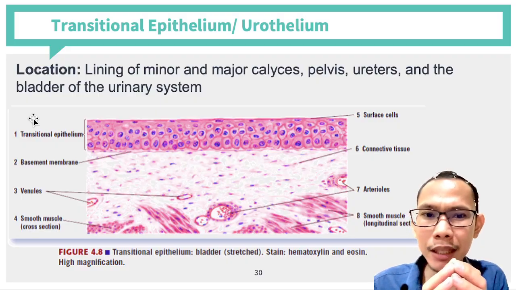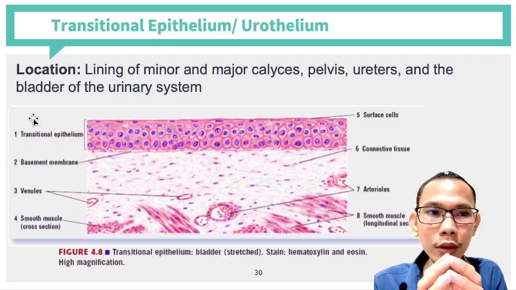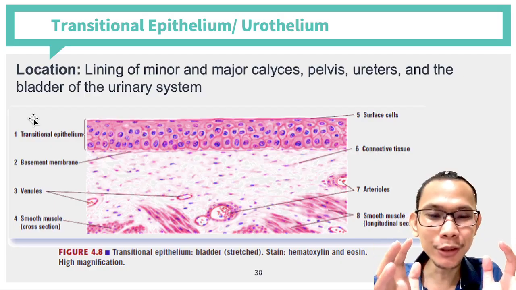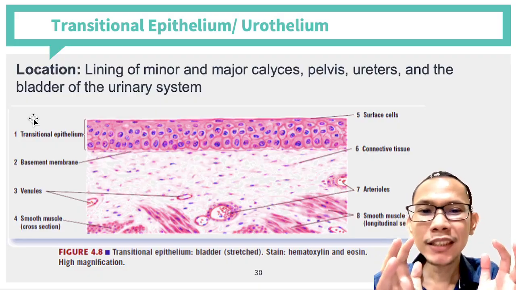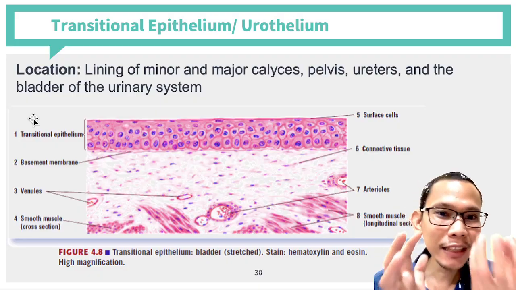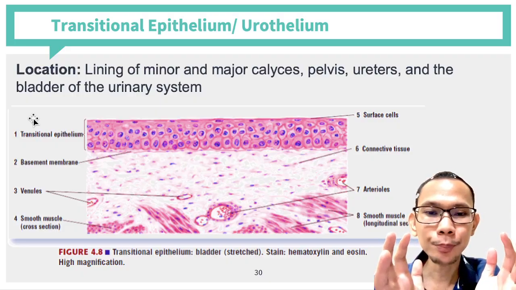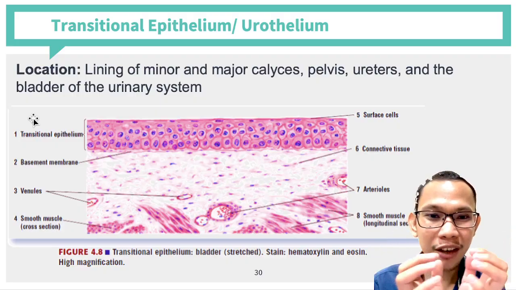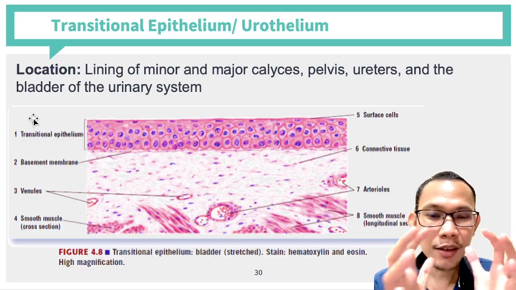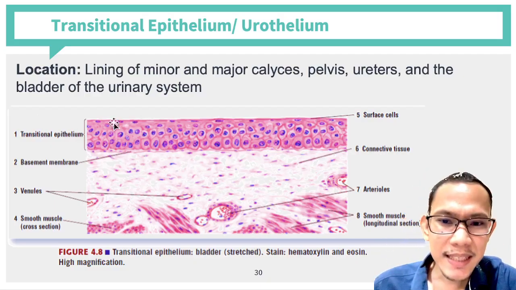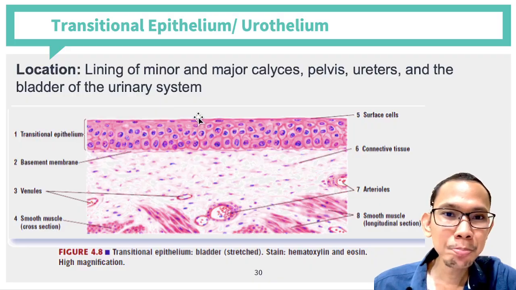When there is too much urine, what happens to the urinary bladder? Our urinary bladder stretches. Very good. Now, question. When there is no urine, when you urinate, what happens to our urinary bladder? Of course, it becomes smaller. Correct? It becomes smaller. It enlarges, it shrinks. So, what do you think happens to our epithelium here? What do you think?